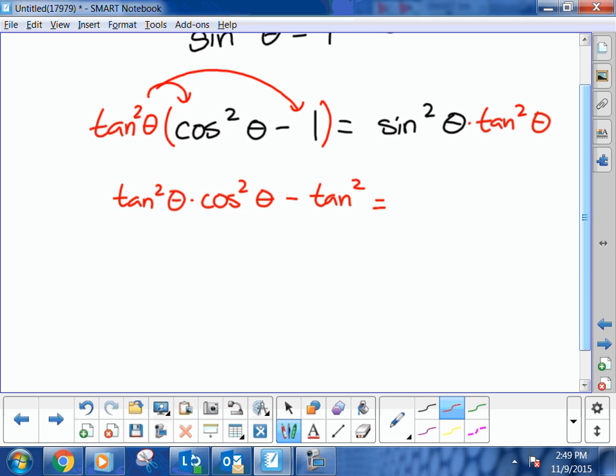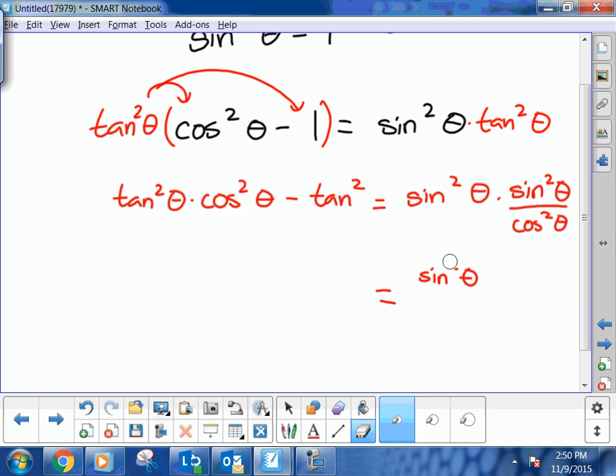On this side, I'm going to start breaking up the right side. I'm going to take the tangent and split it apart because there's really not much to do here, and I'm going to do that universally throughout the equation. This is really sine squared theta over cosine squared theta. On the right side, the way it's going to be presented for you to solve, you see the sine squared times the sine squared?